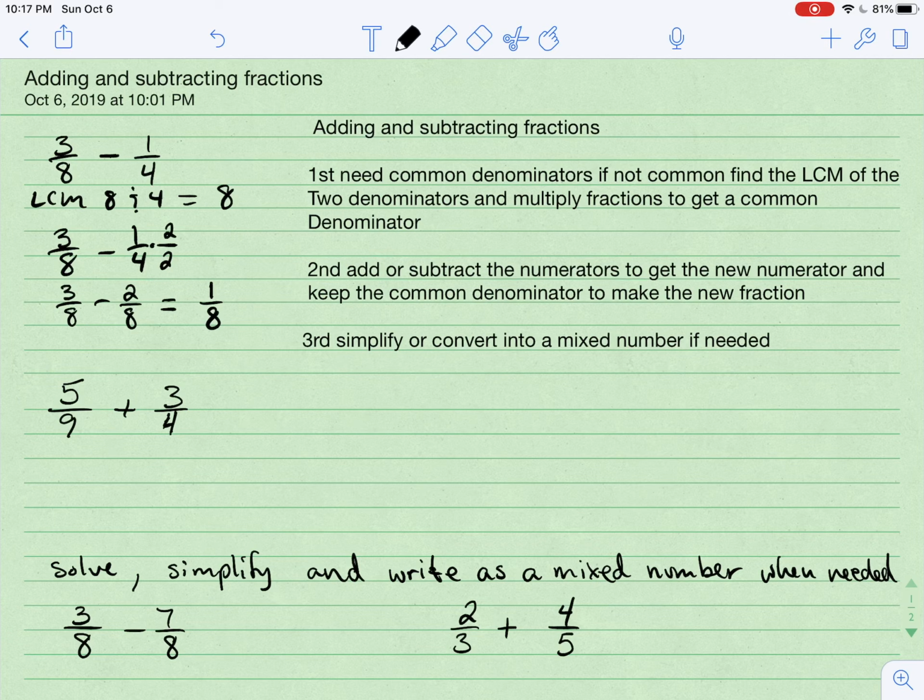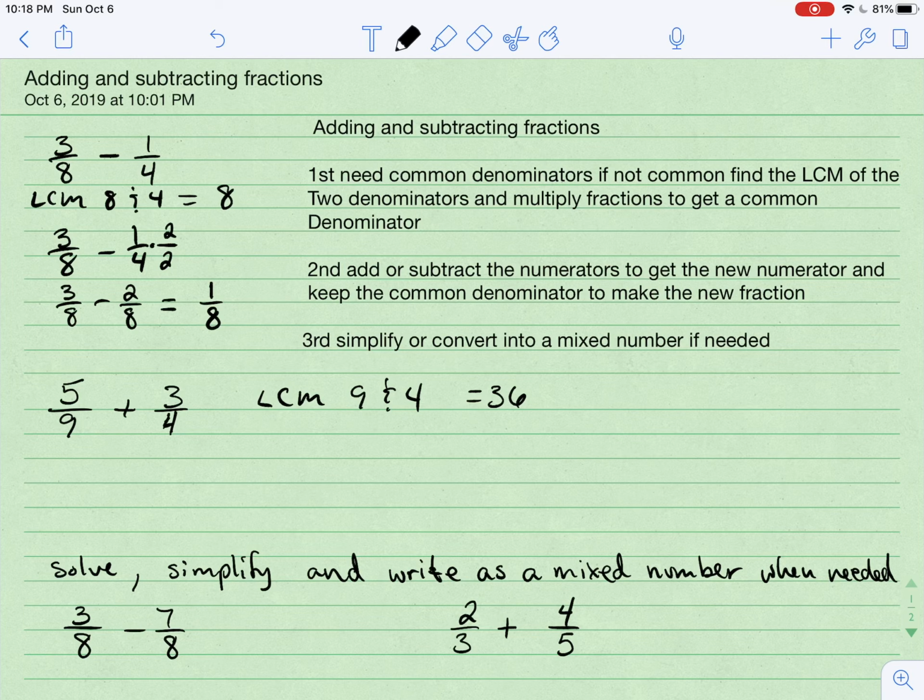Okay, looking at 5/9 plus 3/4. We need a common denominator, so the LCM of 9 and 4 is going to be 36. So 9, you go 9, 18, 27, 36.